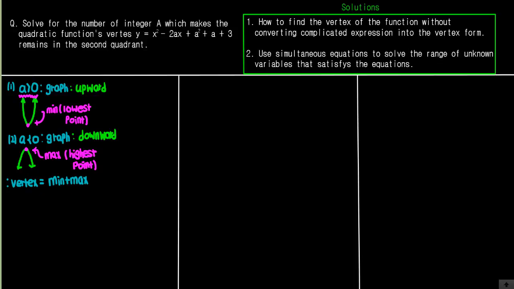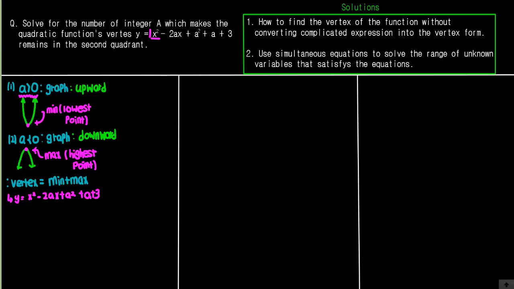We can clearly see that in this quadratic function, y is equal to x squared minus 2ax plus a squared plus a plus 3, the leading coefficient, which is the coefficient of the highest powered x term, is 1. If you write our function down, y is equal to 1x squared, we can just write it as x squared minus 2ax plus a squared plus a plus 3.